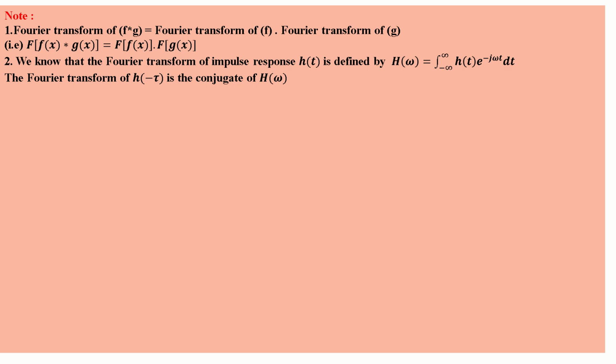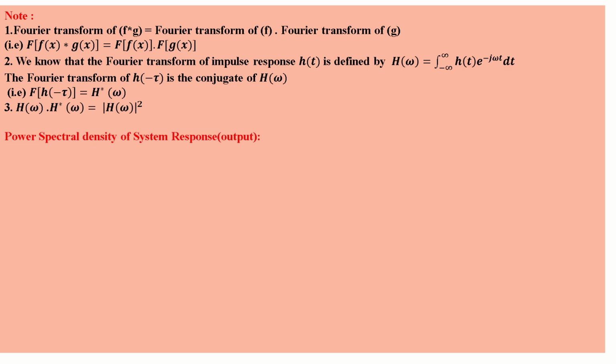The Fourier transform of h of minus tau is the conjugate of H of omega, which is H star of omega. Next, H of omega times H star of omega is equal to modulus H of omega squared.